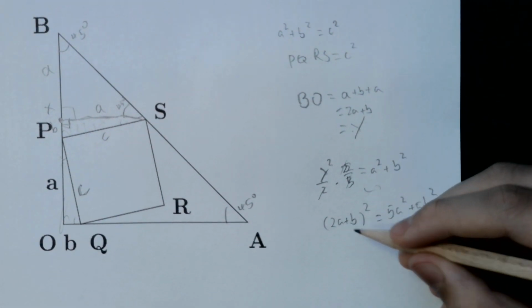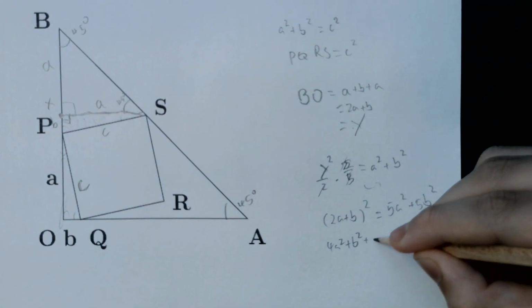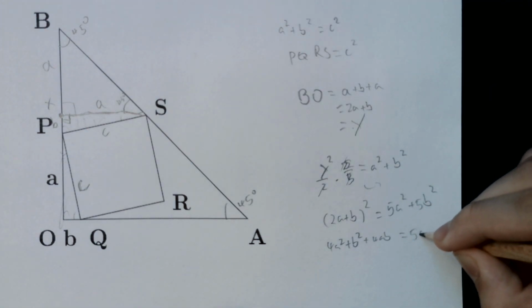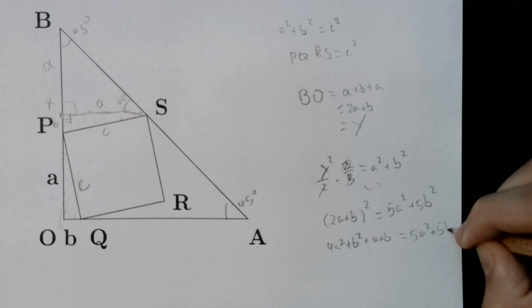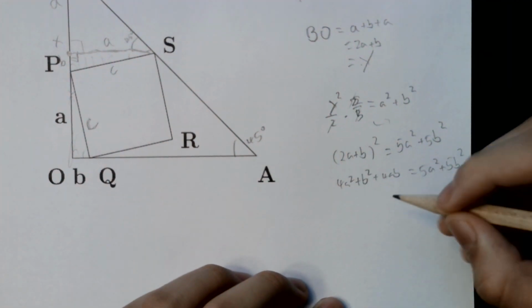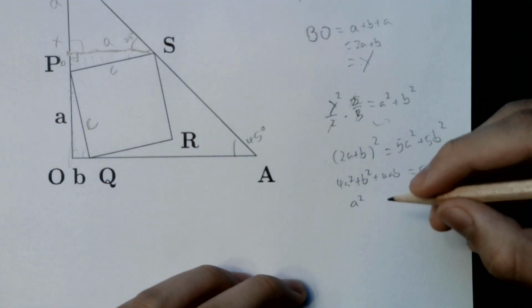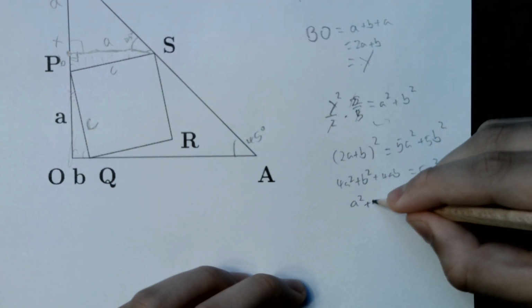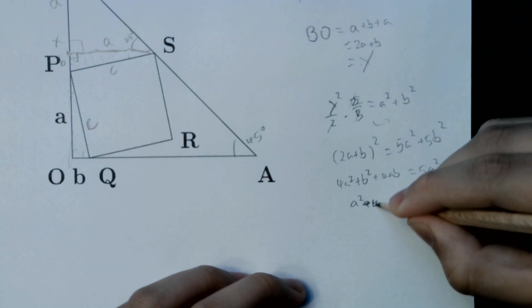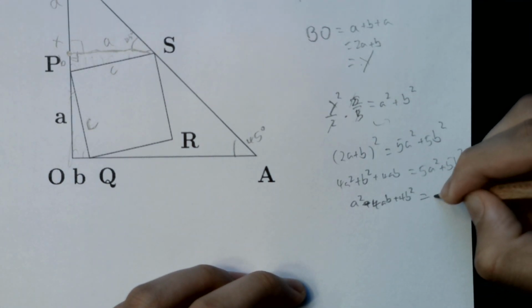Now we're going to expand this into 4a squared plus b squared plus 4ab, and this is going to be equal to 5a squared plus 5b squared. Here we can move all of these terms over to receive a squared minus 4ab plus 4b squared is going to be equal to 0.